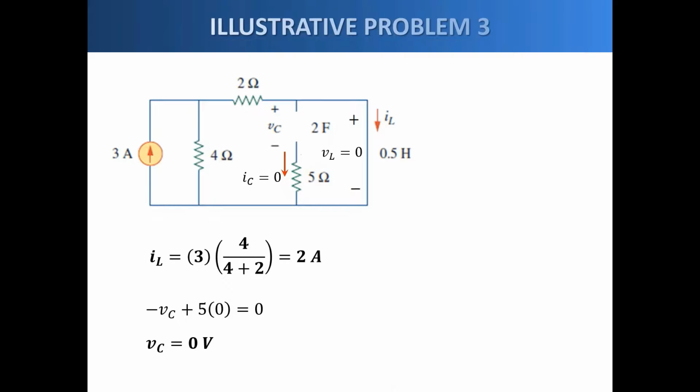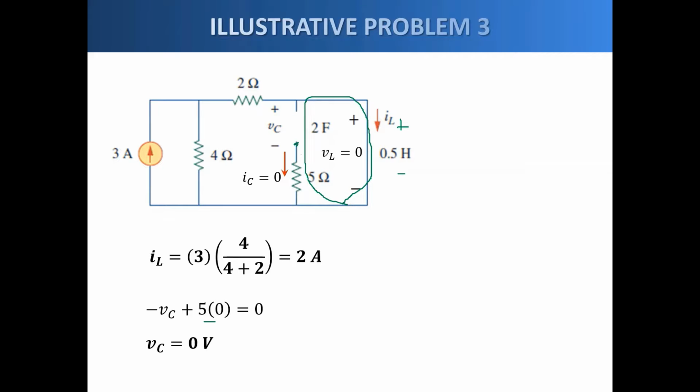We then attempt to find the voltage across the capacitor by performing a KVL. So we find a loop to do that. So we use this loop. So we go around clockwise, starting here. So minus V sub C plus V sub L, but V sub L is 0, so we didn't write that anymore.